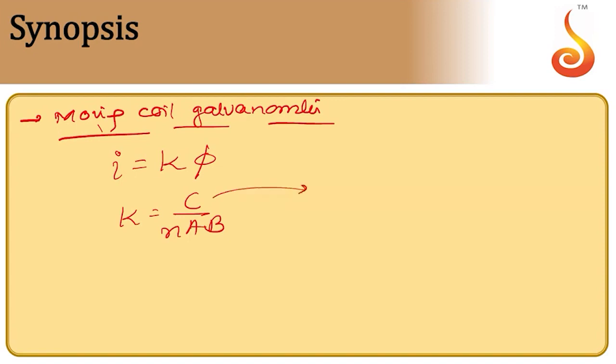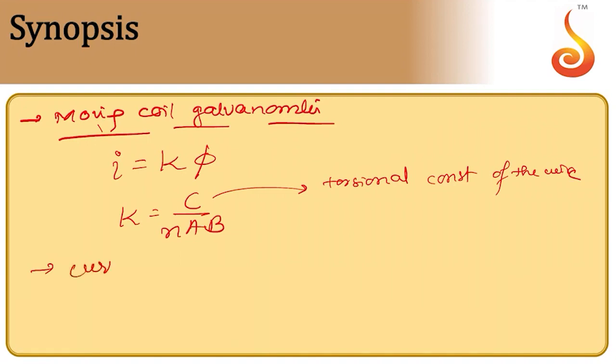C is the torsional constant of the suspension wire, the twist per unit deflection. And of course, N is the number of turns in the coil, A is the area of the coil, and B is the magnetic field of the radial magnets.